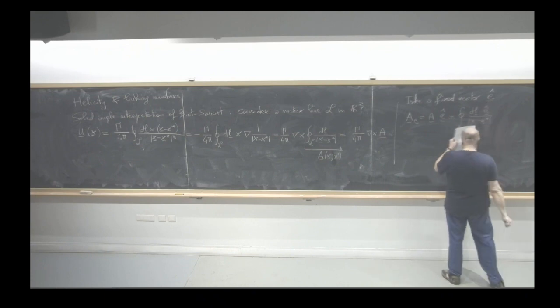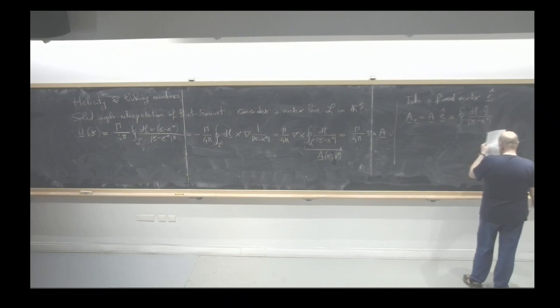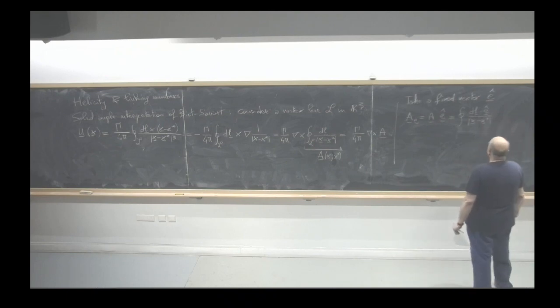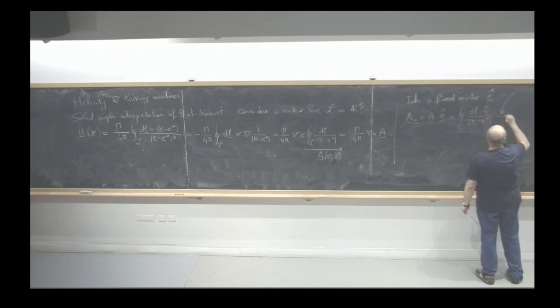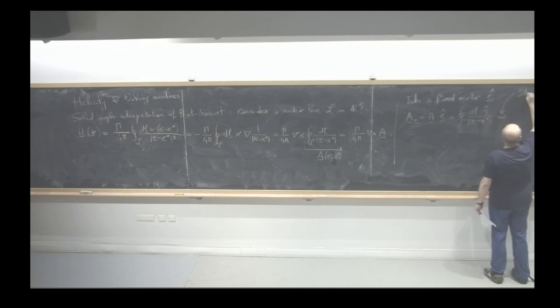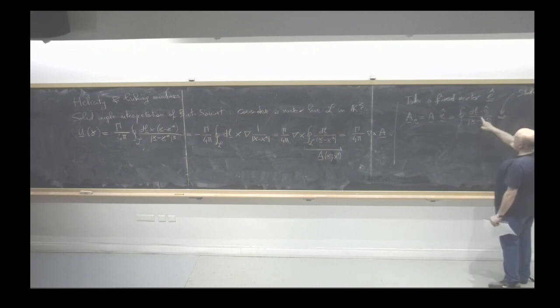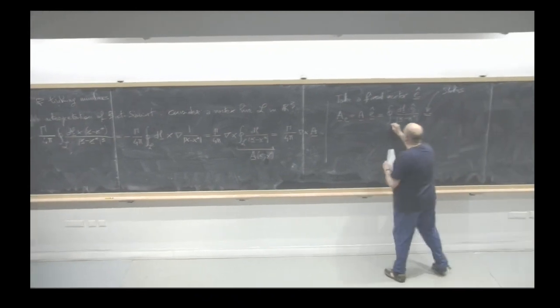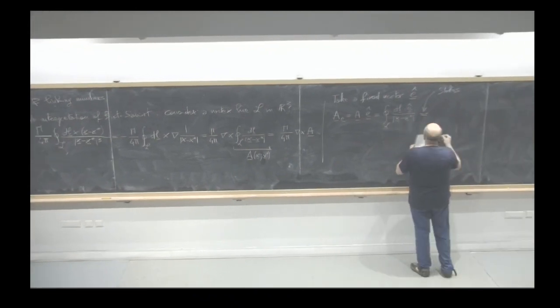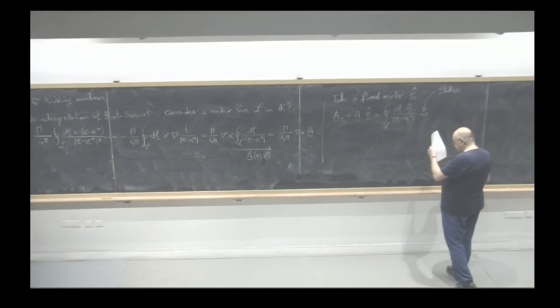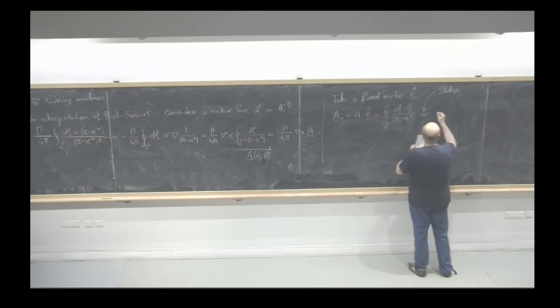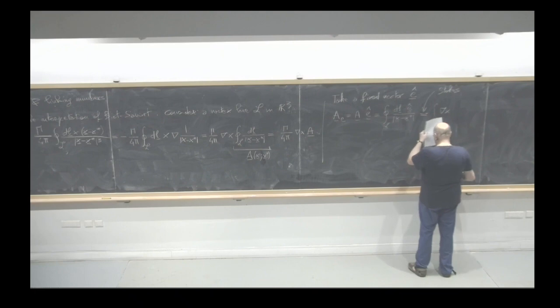Right, now what do we do? Now we can use Stokes, and we have a line integral, and we can reduce it to the curl over S, the surface bounded by L, and so we have the integral of this curl operator.